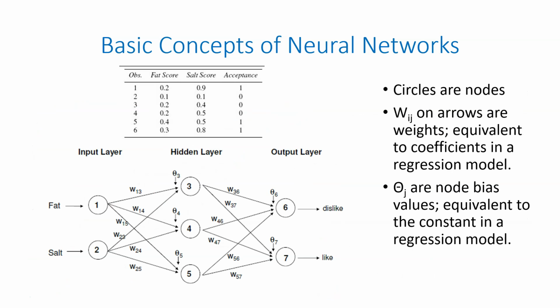Now that you understand the general architecture and the terminology of neural networks, let's look at a more practical example to help you better understand how the technique works. This example illustrates how a neural network generates output from the predictor variables, and the concepts involved here can be generalized to more complex problems.